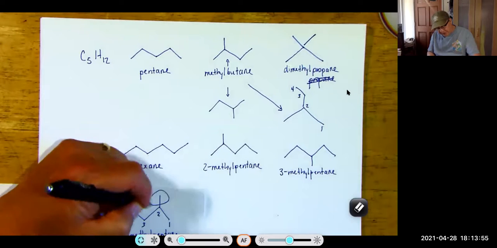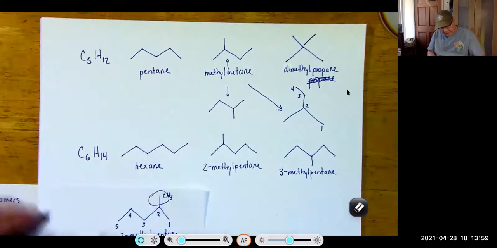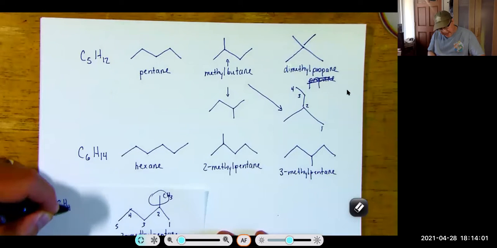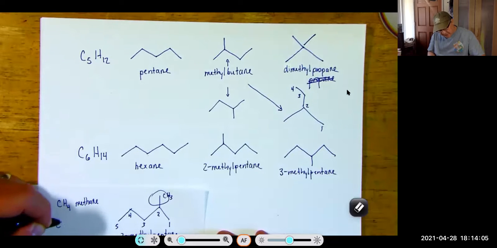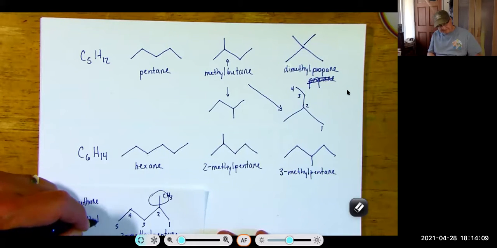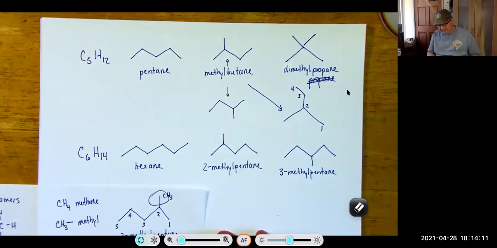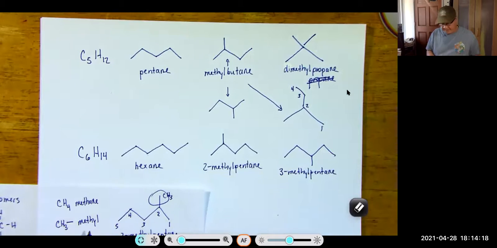And this, which is a CH3, is called a methyl. So this is methane. When you attach it to something, you call it a methyl. Okay, so we can't put this methyl on the 4th carbon because it's really on the 2nd carbon.